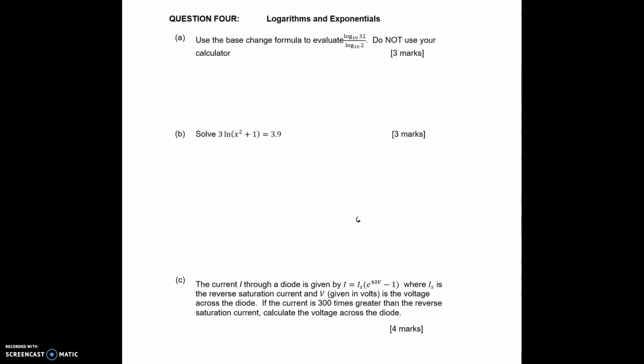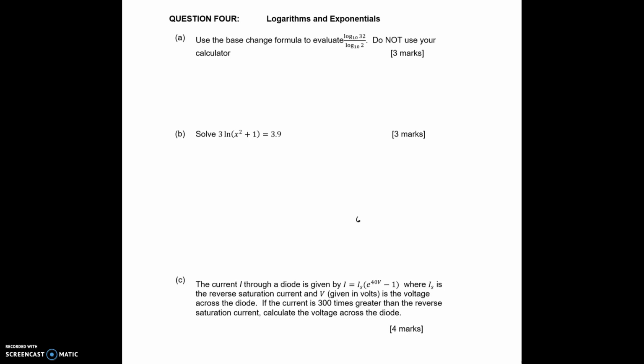Question 4 is on logarithms. And the first question is pretty easy. Using the base change formula, don't use your calculator. Well, how do I know if you use your calculator?